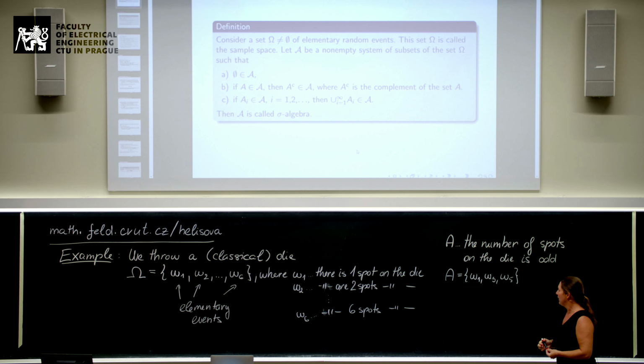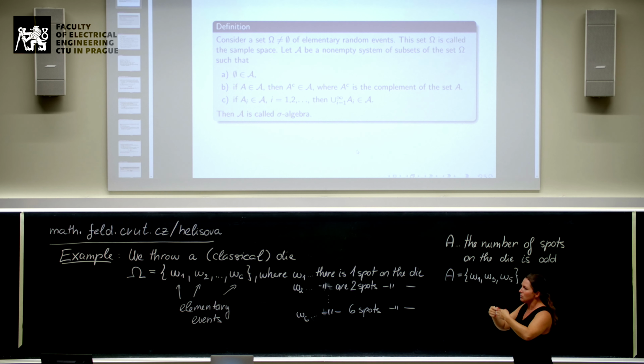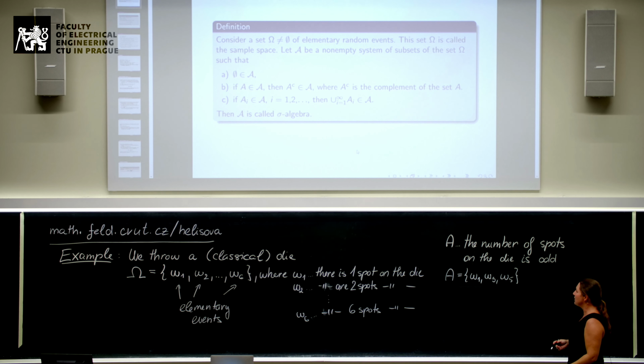In fact, we can interpret this event as the set of all elementary events in which the result of the trial can fall, from which we can take the result of the trial in order to fulfill the condition that the number of spots on the die is odd. And from this point of view, when we look at the elementary events and the events as sets, these events consisting of some elementary events are in fact subsets of omega, the set of all elementary events.